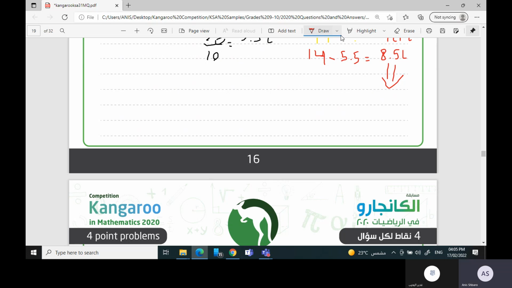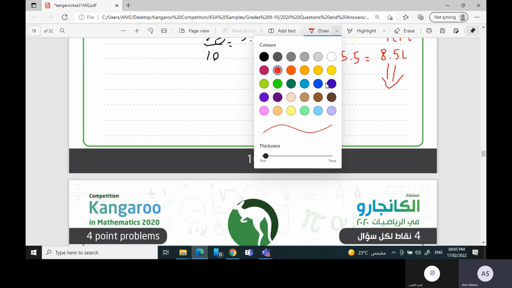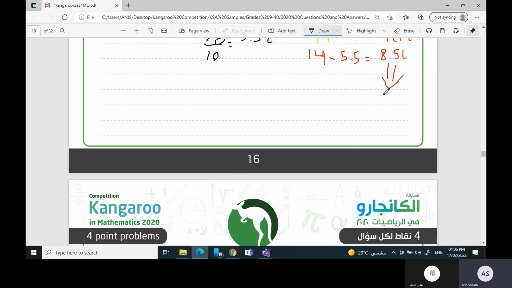So 8.5 liters, let me also change the color, makes 85. I'm going to multiply it by 10. So 8.5 multiplied by 10 equals 85 kilometers.